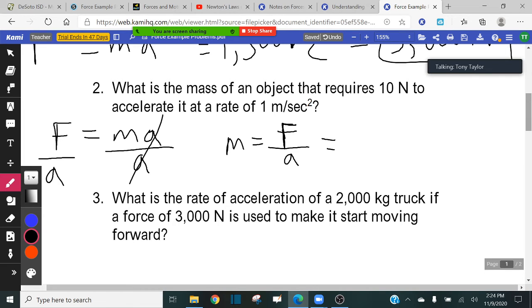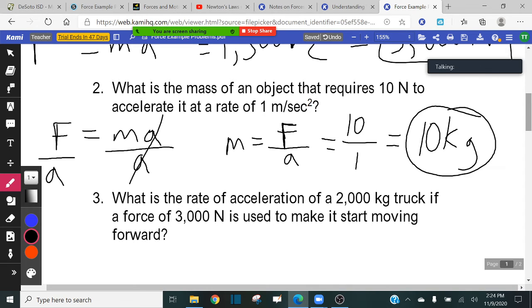So with that said, if I have a 10 Newton force and the object accelerates at 1 meter per second squared, that clearly means the mass of my object is 10 kilograms. Okay. So number two is pretty easy.